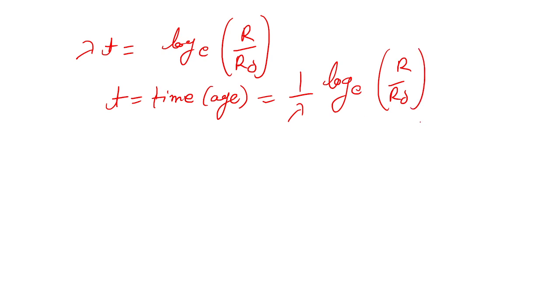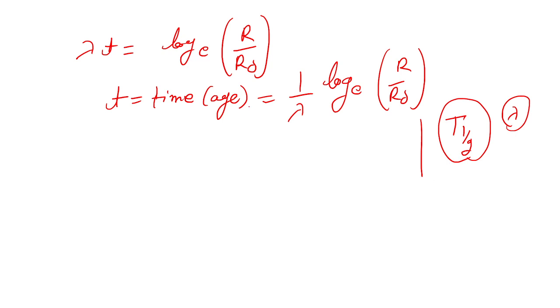If you have already studied nuclear physics and the formulas relating to the disintegration laws, what do they tell us? They tell us the relation between the half-life of a particular radioactive substance and its decay constant.